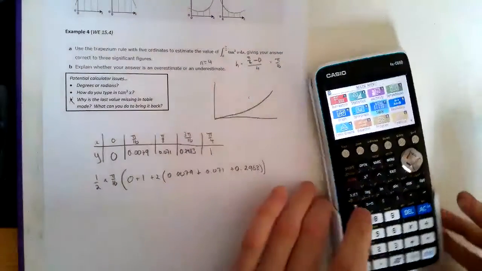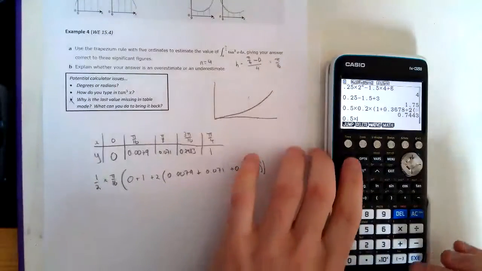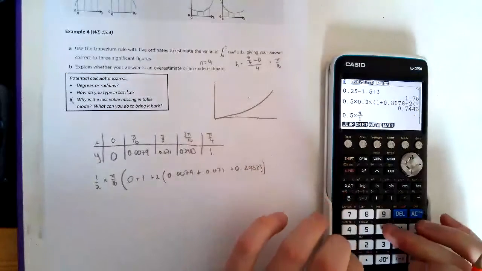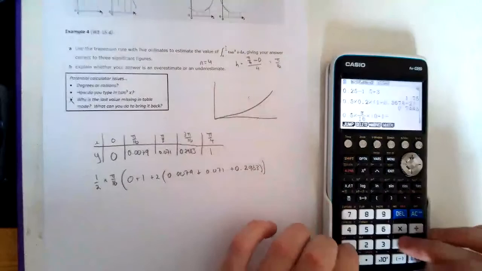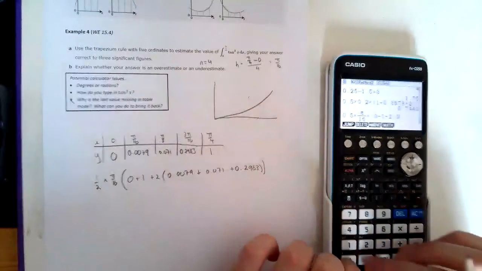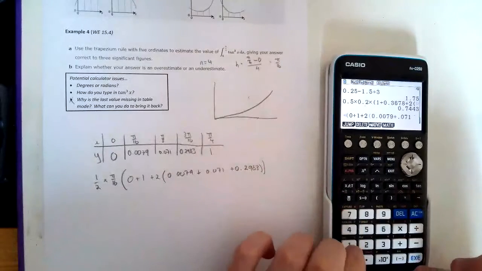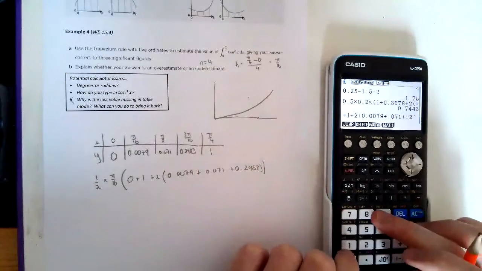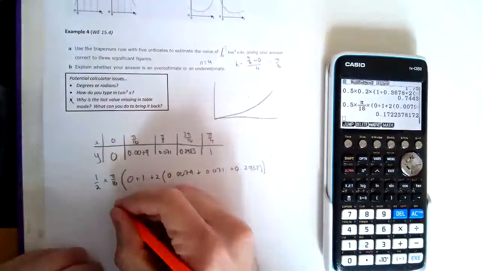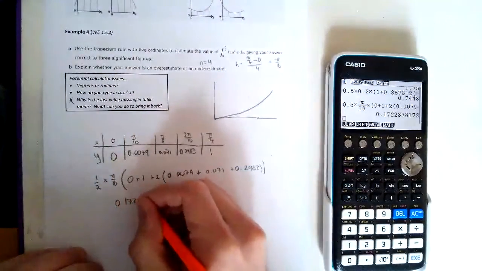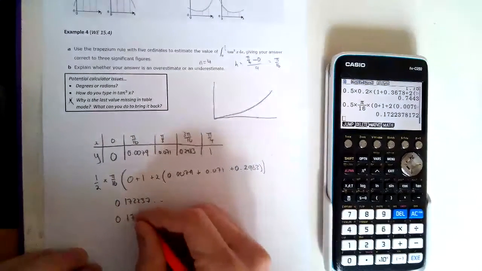So type that in the calculator. 0.5 times pi over 16 times big bracket, 0 add 1, add 2 times 0.0079 plus 0.71 plus 2.983. Close both brackets, and we get 0.172237. To 3 significant figures, that's 0.172.